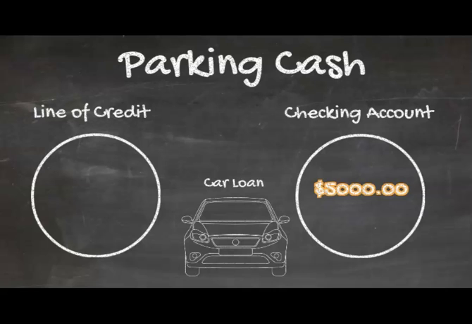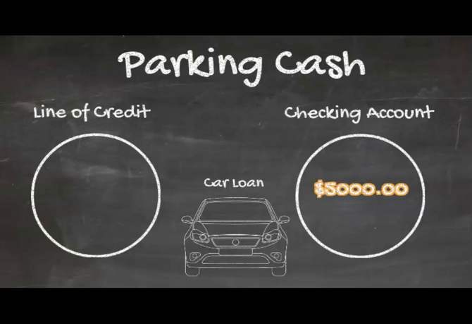The rules on the car loan and the credit account say there is a minimum payment, so you have to put some money in. And if you left that in the checking account, you're slowly draining it to where there's nothing, and you're still going to owe on the car loan and the line of credit once that 5,000 is fully drained.